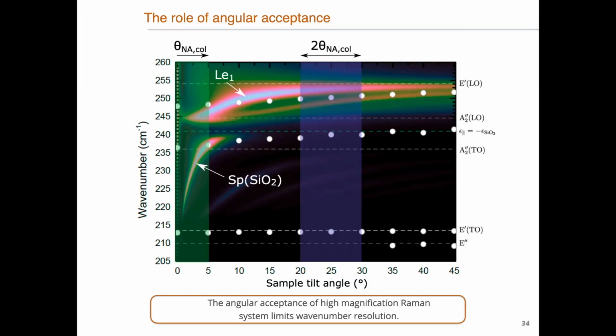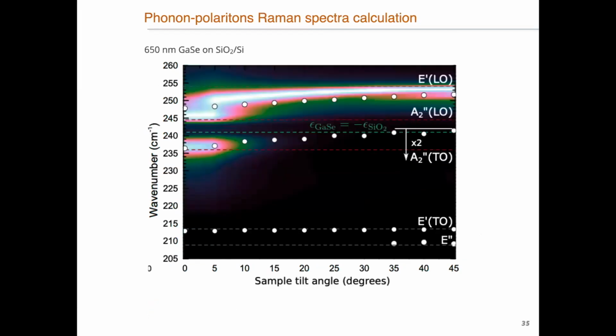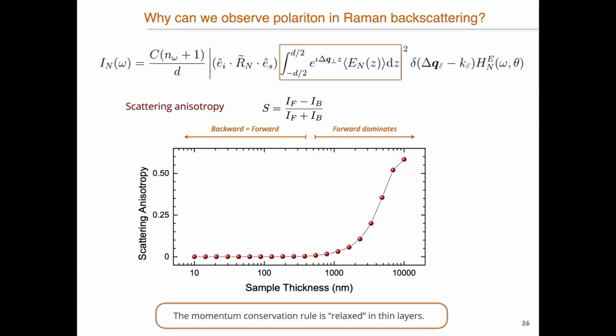So if we take this calculated spectrum and process it to take into account the finite acceptance angle of our system, what we find is the calculation in the background, and here is our experimental data. It's not a perfect match, but it matches much, much better. So we could theoretically demonstrate that exactly what we were observing was phonon polaritons.